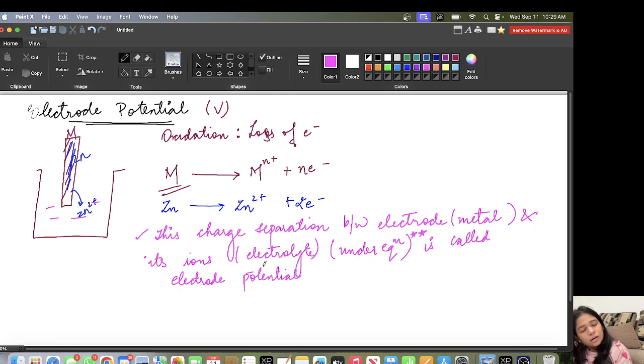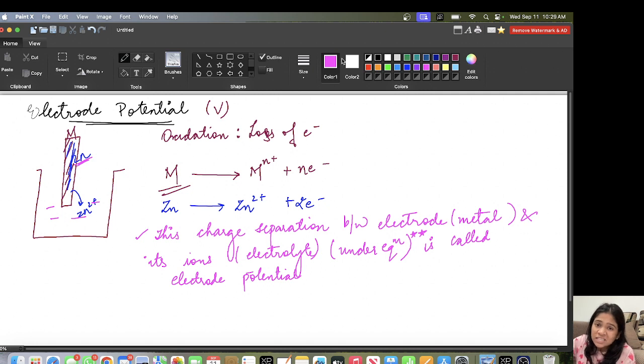I'll repeat it again. If you have an apparatus with a metal which undergoes oxidation, the metal is attached to the electrode and it loses electrons because oxidation is happening. It's becoming Zn2+.